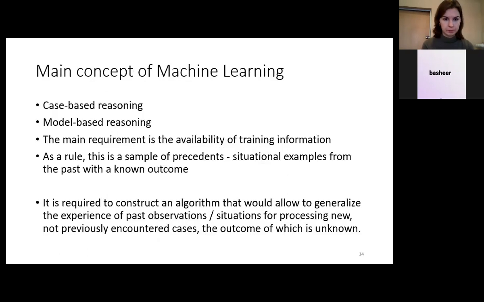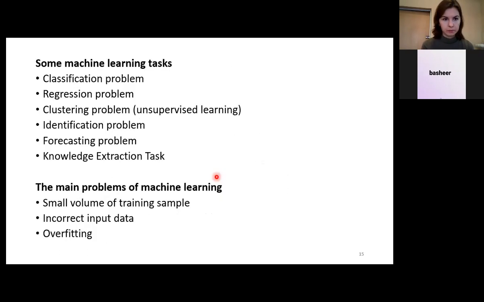Okay. And there are several data mining and machine learning tasks. Machine learning is a part of data mining, because data mining also includes techniques for data collection, data visualization, and everything which helps you make some conclusion about relationships in data.